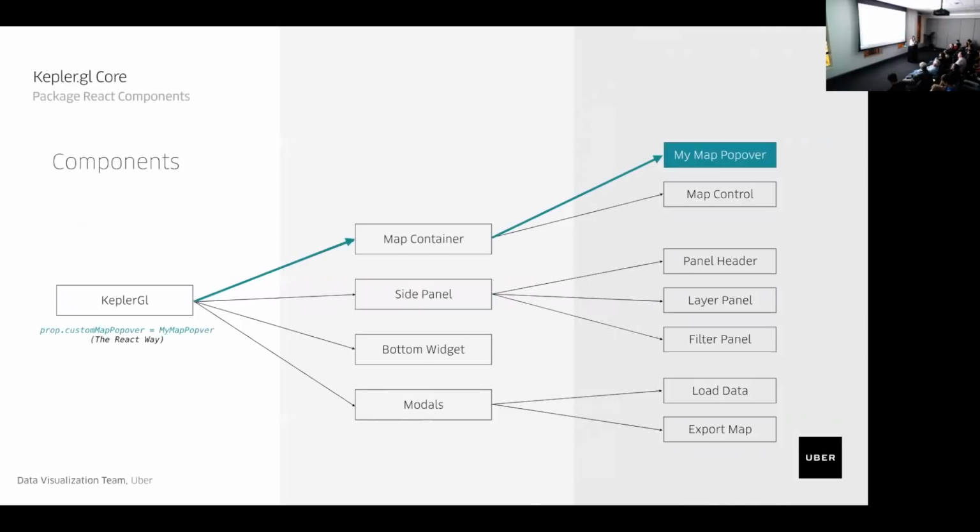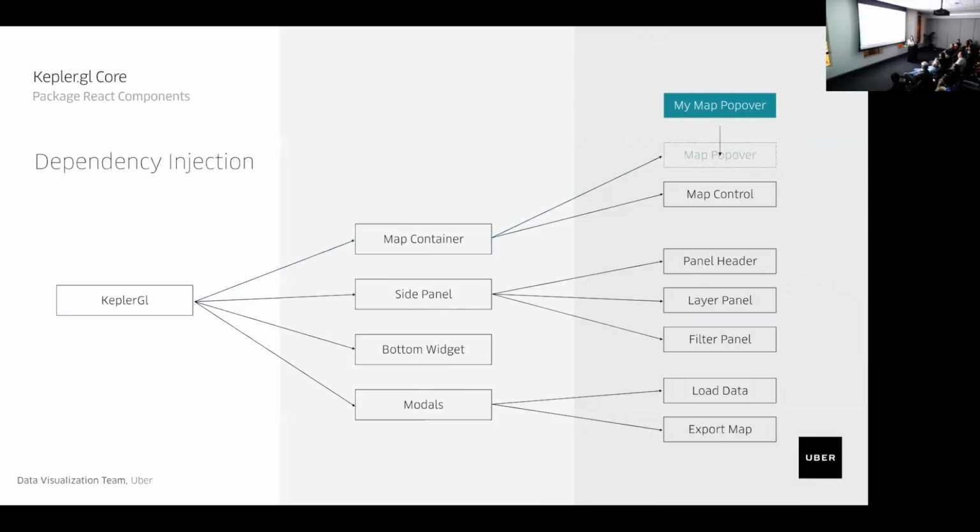And if you do the React way, you have some prop in Kepler.gl saying custom map components, and then you pass it all the way down to the map popover. But this is not scalable because we have hundreds of components. We cannot just create hundreds of props on Kepler.gl just so that you render things differently.